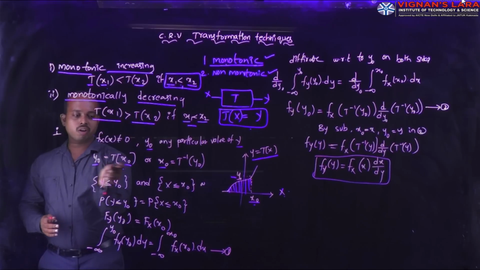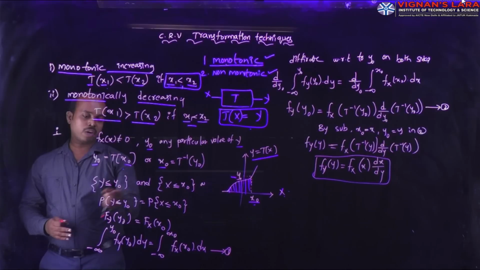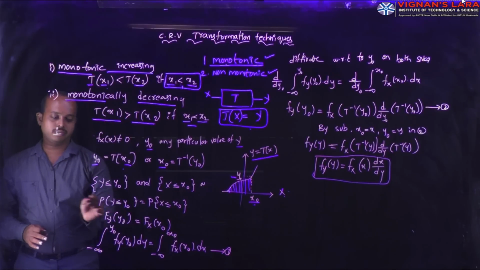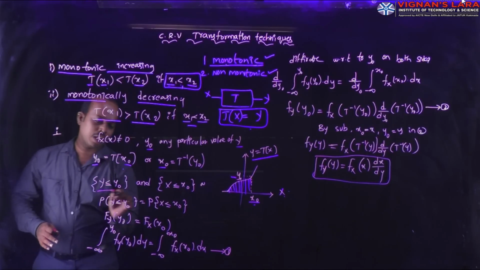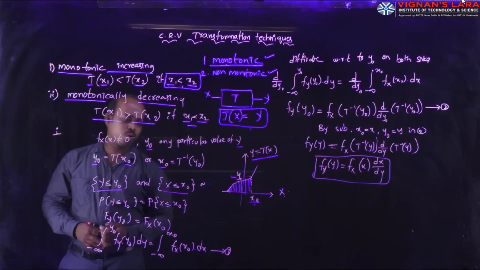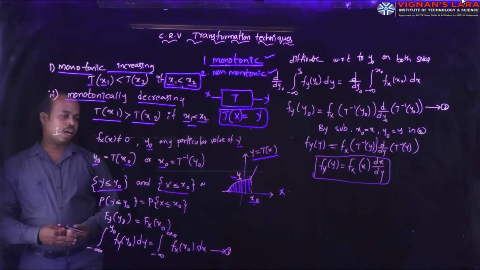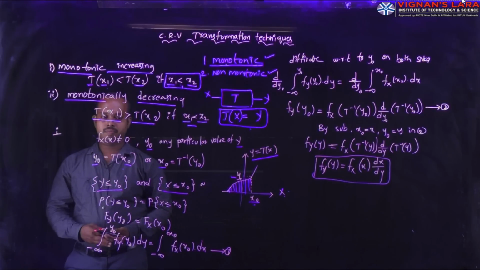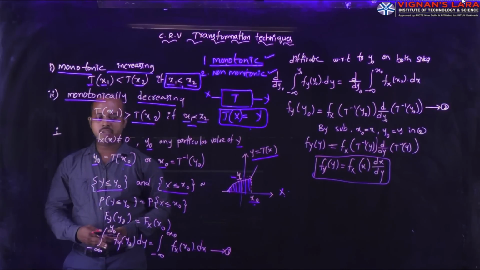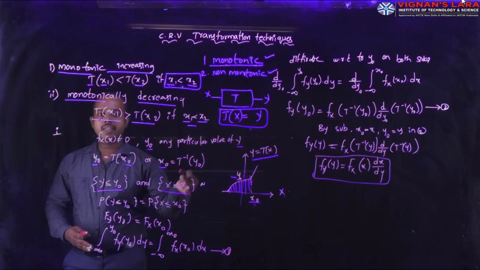Here y naught and x naught represent events or elements. That's why I am writing in terms of sets: Y is less than or equal to y naught and capital X is less than or equal to x naught. These two quantities, I am taking the probabilities. According to the monotonic transformation, this quantity is equal to this quantity when applying the probability.